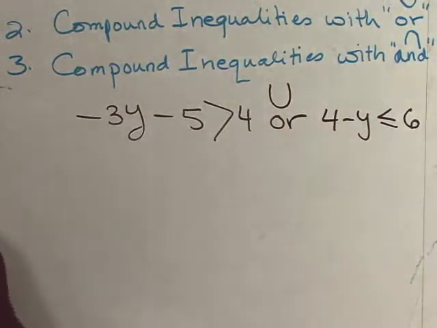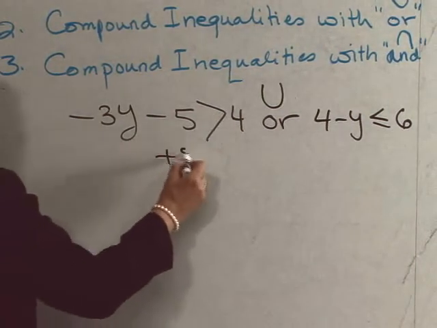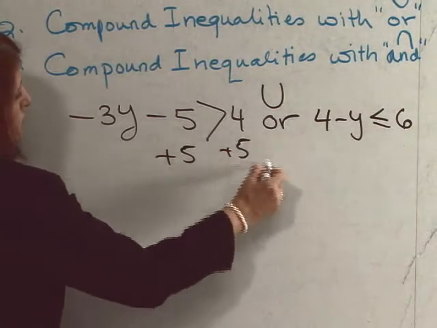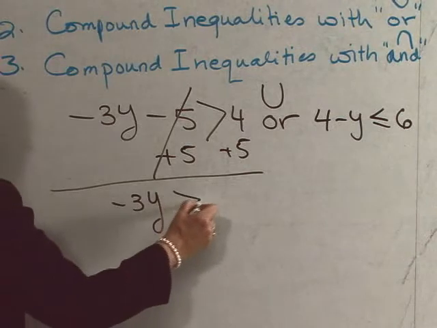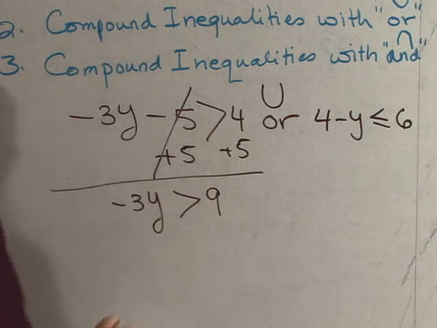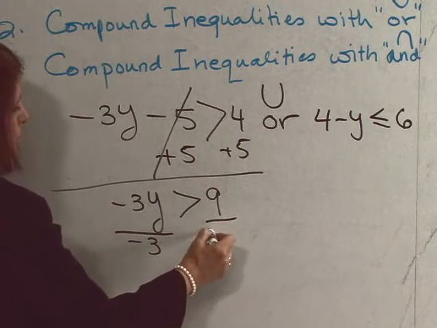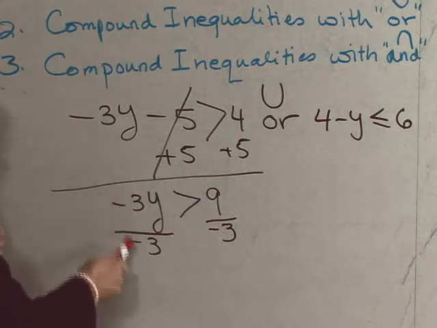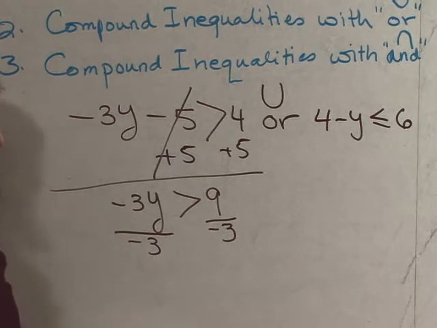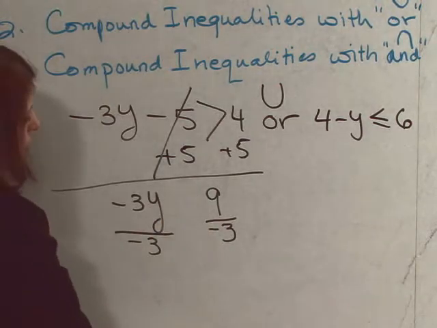Remember, you have to take the union once you solve each simple inequality. So to solve this one, I'm going to add 5 to both sides. Then I'm left with negative 3y on this side is greater than 4 plus 5 is 9. Now I need to divide both sides by negative 3. But you have to remember, every time you divide by a negative number, you're making a true statement a false statement.